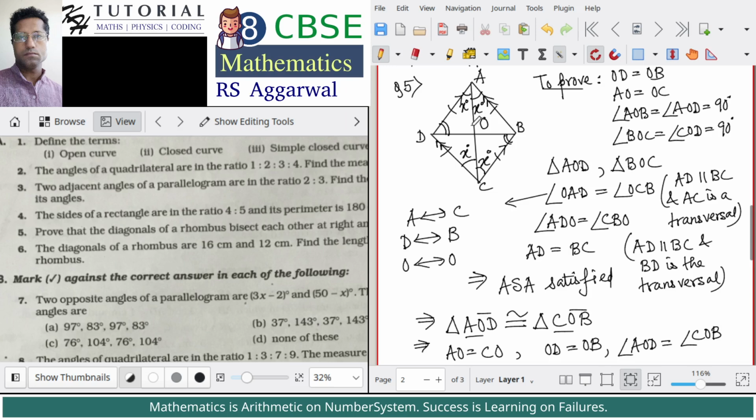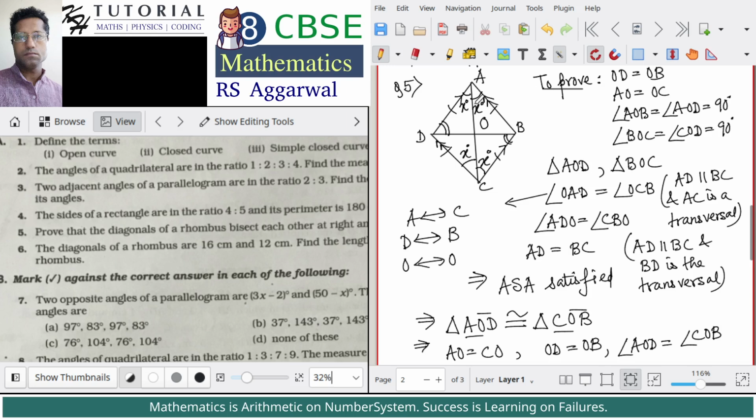So we can see in triangle ADO and triangle AOB, AO is the common side, AD is equal to AB, and also the included angles are equal. Now I am just trying to prove that the diagonals will intersect at right angles.